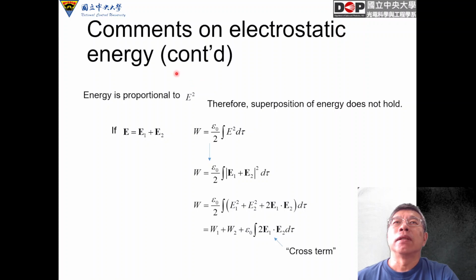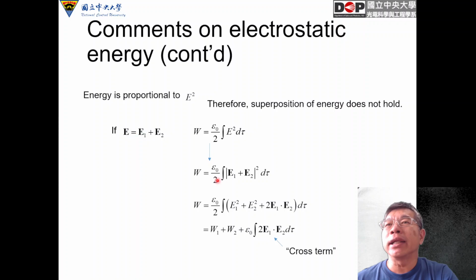Okay, keep going. Energy is proportional to the electric field squared. Therefore, superposition does not hold for energy. If the electric field equals E1 plus E2, our total work is proportional to the electric field squared.